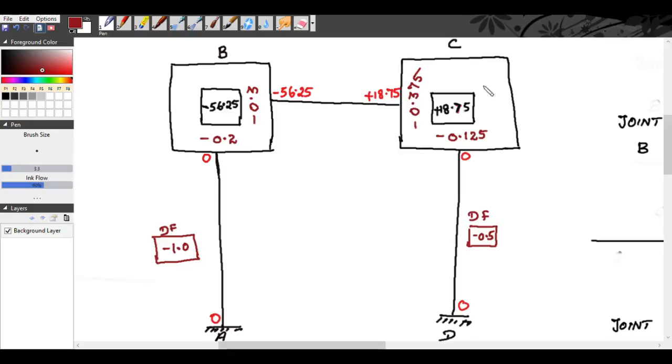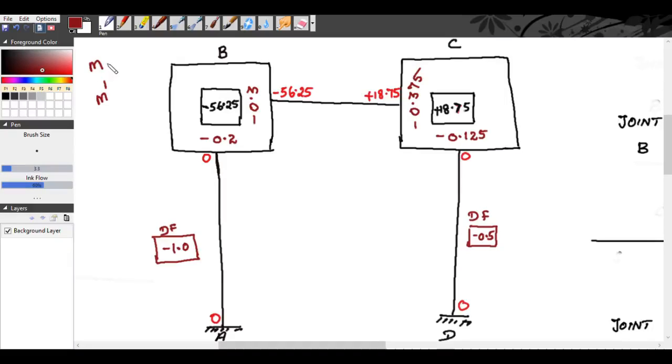So draw the cycle. First of all, write the restraint moments, write the fixed end moments, write the rotational factors, and write the displacement factors. Now we will find the values of iterations. So we know the rotational contributions are represented by small m and the displacement contribution is represented by m dash.